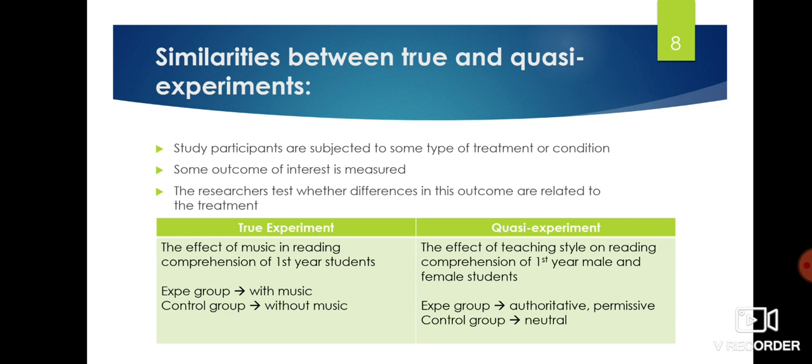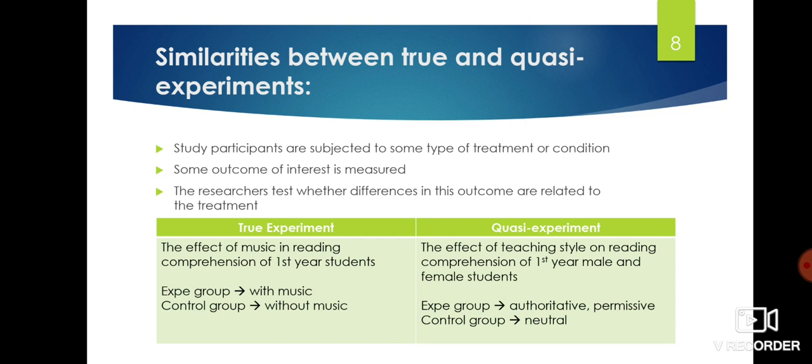So, for example, in true experiment, the effect of music in reading comprehension of first-year students. We have the experimental group, the group which will be listening to music, and then we have the control group, which is the group which will not listen to any music, and then after that, they're going to measure their reading comprehension.